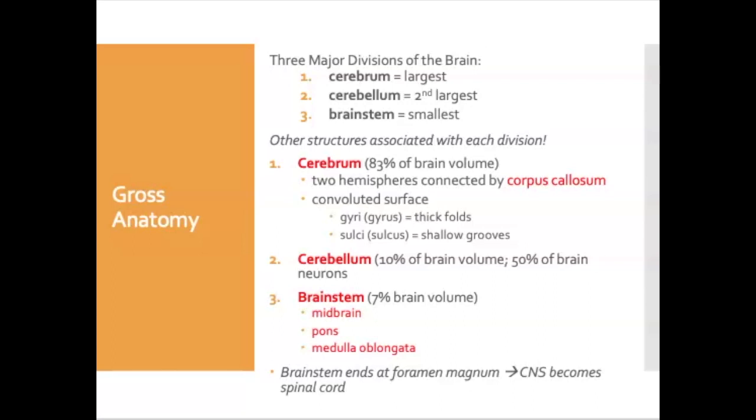The brainstem makes up the remaining volume of the brain, about 7%, and the brainstem is composed of three separate structures: the midbrain, the pons, and the medulla oblongata. The brain stem actually ends right at the foramen magnum in the skull, and distal to that is spinal cord.